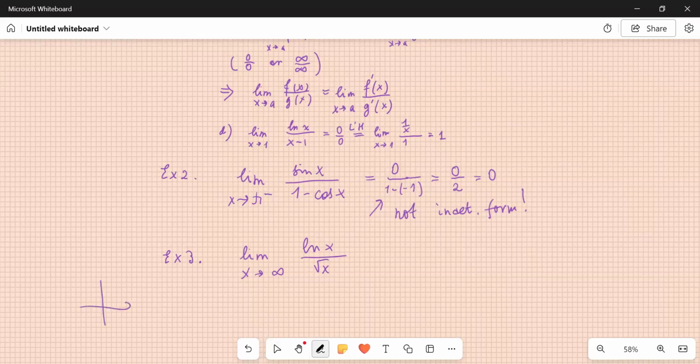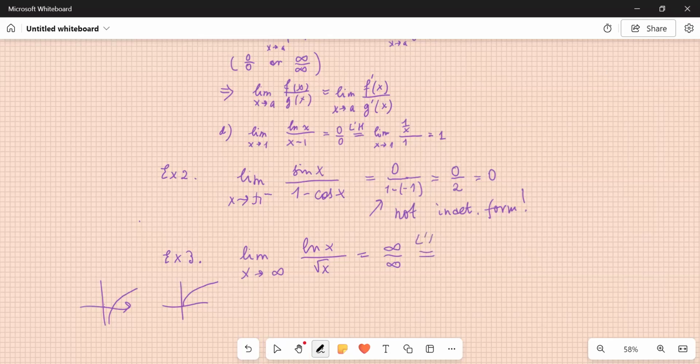I'm going to draw the logarithm graph and the square root graph, and they both go to infinity. So ln goes to infinity, not very rapidly, but it goes to infinity. The square root goes to infinity too. So we do have infinity over infinity indeterminate form. We can use L'Hopital's rule.